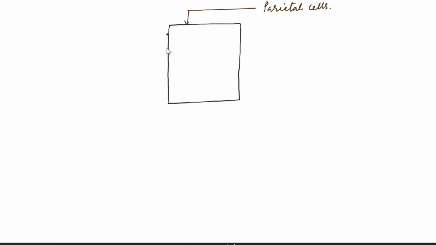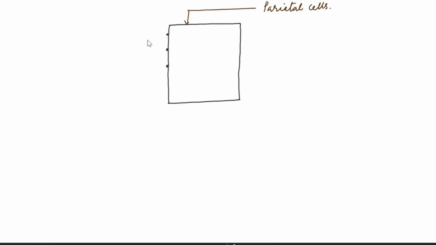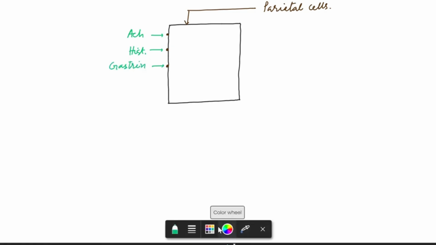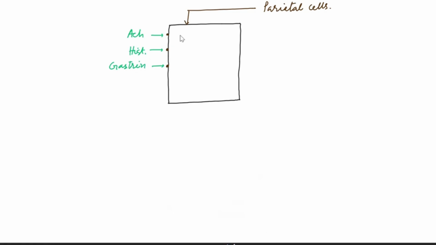These are the receptors present in the parietal cell wall: the acetylcholine receptor, the histamine receptor, and the gastrin receptor, which stimulate gastric acid secretion.